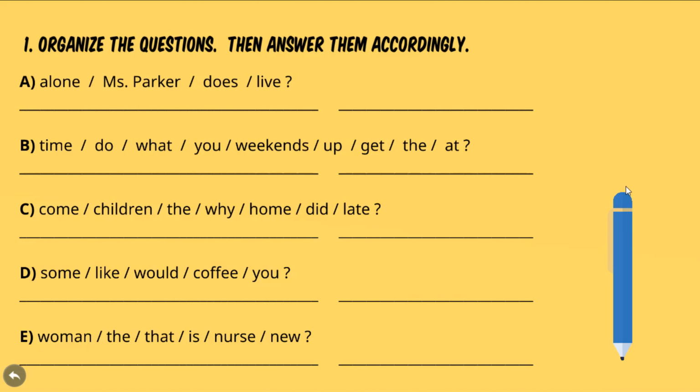Después, respóndela. Ten en cuenta si es una pregunta cerrada o es pregunta abierta, con where, what, etc. o con el auxiliar que corresponde. Te recomiendo que pauses el video mientras haces la actividad. Now, I show you the correction.